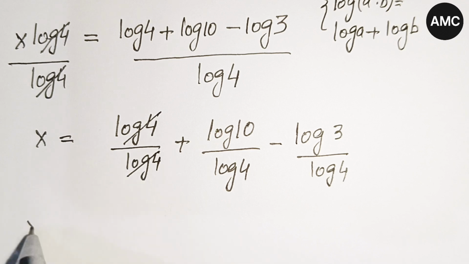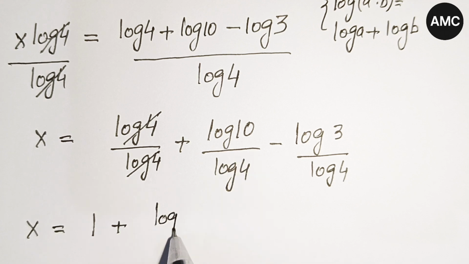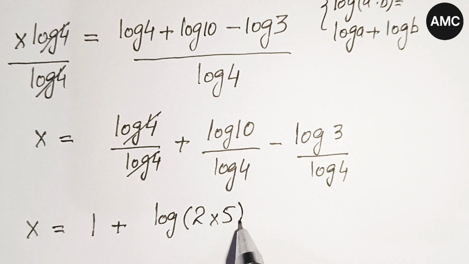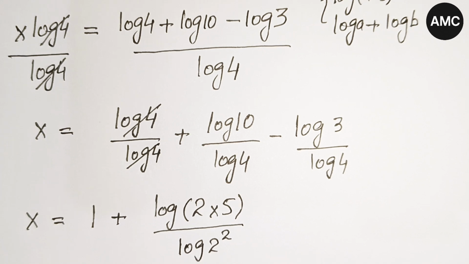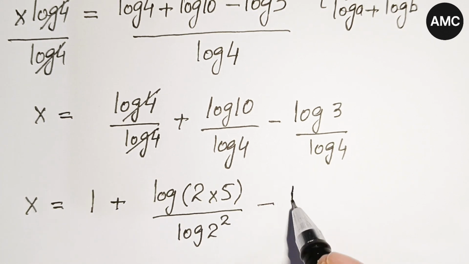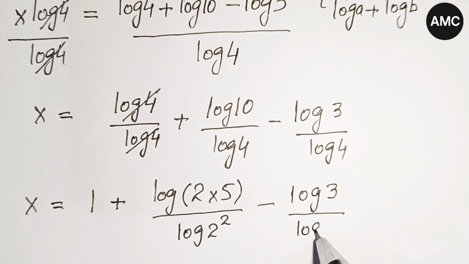We get 1. So x is equal to 1 plus log 10, which can also be written as log of 2 multiplied by 5, which is equal to 10, all over log 4, and log 4 is log 2 squared. So this 4 can be written as 2 squared. Now minus log 3 over log 2 squared.